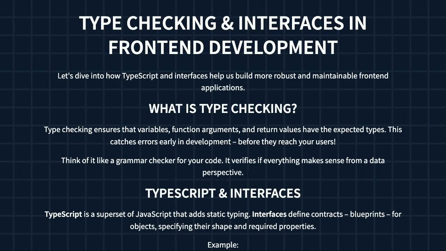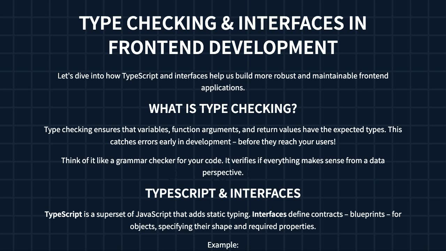Okay, let's talk about how we ensure our code is working correctly, specifically when building frontends. We're focusing on type checking and interfaces. Type checking is like having a super smart grammar checker for your JavaScript or TypeScript code. It makes sure that the data you're using is of the correct type, whether it's a number, a string, or something else.